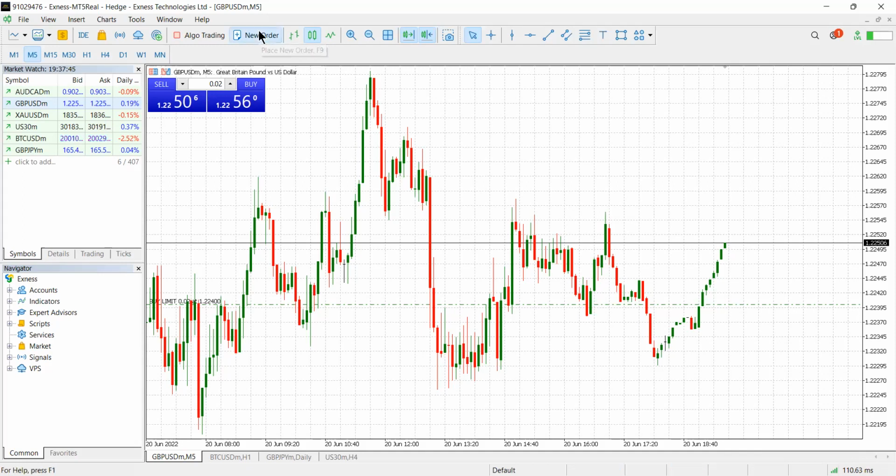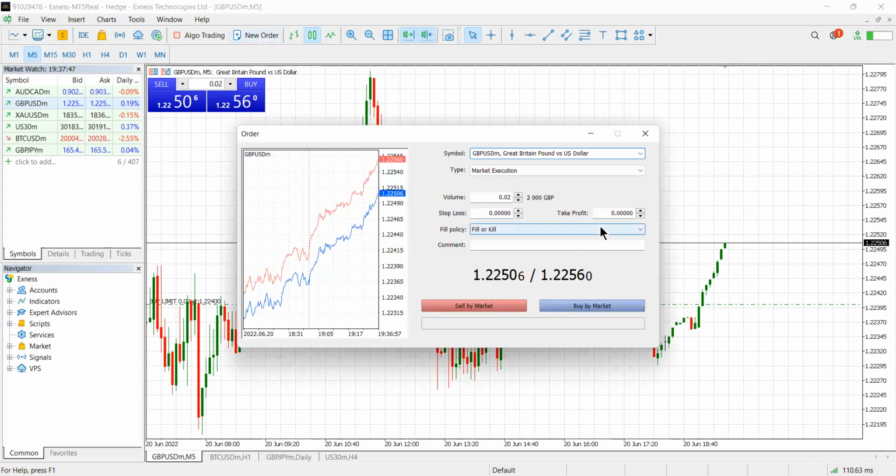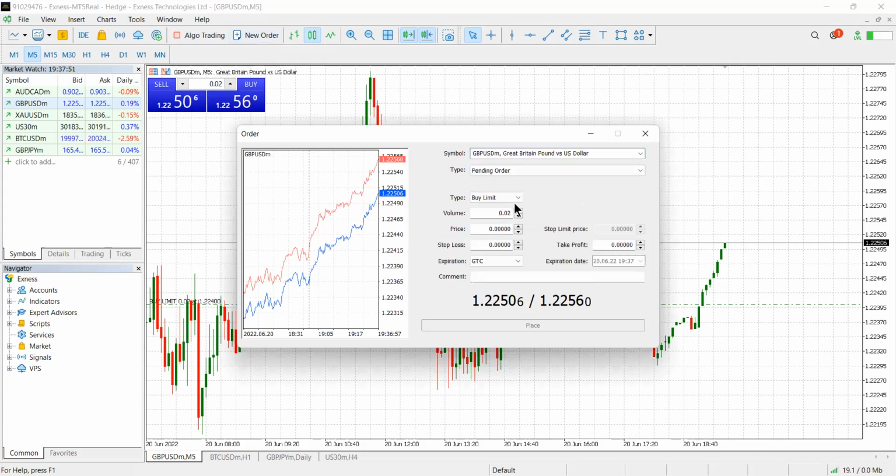You go to your new order and then you use the pending orders. The moment you click on pending order, you're going to see buy limit, sell limit, buy stop, sell stop, buy stop limit, sell stop limit. So you just click on the buy stop because you believe that this thing will buy, and then you just continue with it.